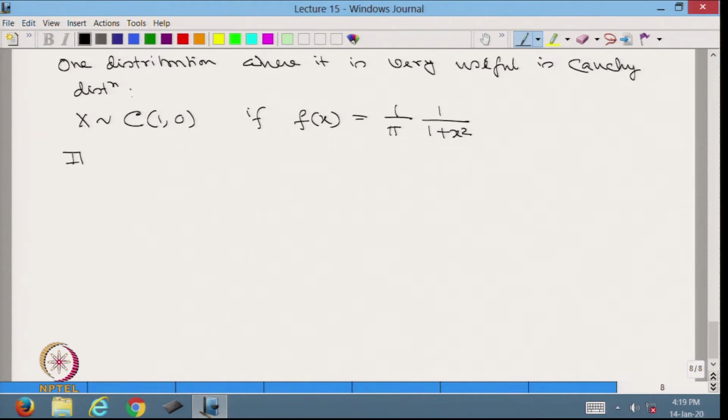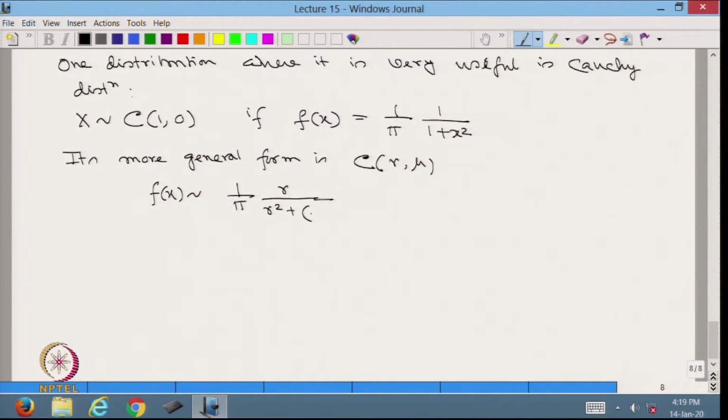Its more general form is C r comma mu, and its f x is equal to 1 over pi, r upon r square plus x minus mu whole square.